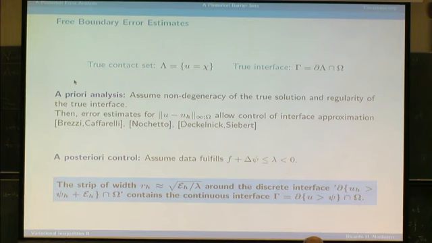Now, with this idea, now that we replace the difference between U and UH measured in L infinity by an a posteriori quantity, we can approximate the interfaces.